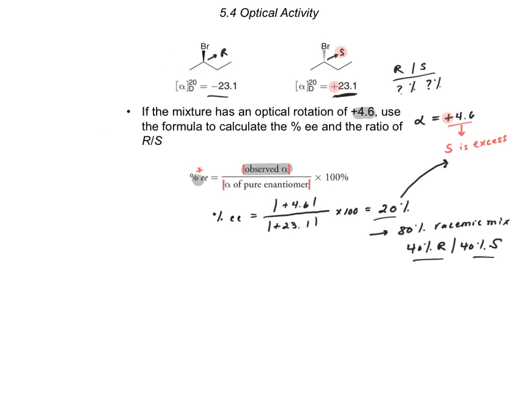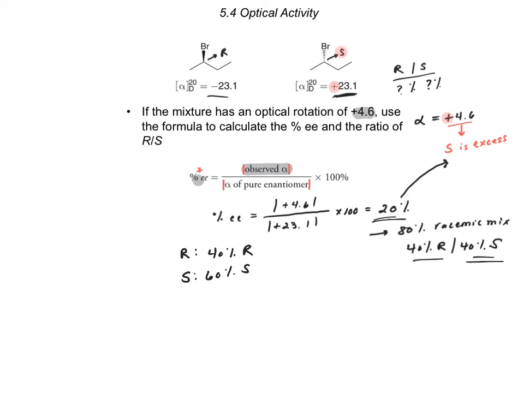So now, total percentages of the solution for R, we know that R is only that 40% from the racemic mixture that we don't see. But S is both the 40% from the racemic mixture as well as the 20% in excess. So for S, it's the sum of those two. So for S, we have a 60% portion of the solution.